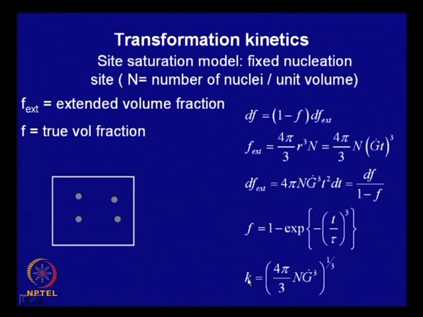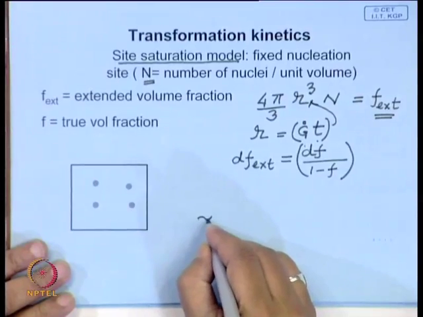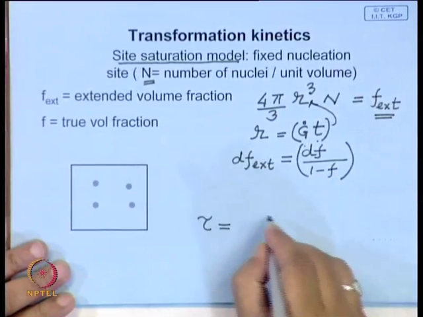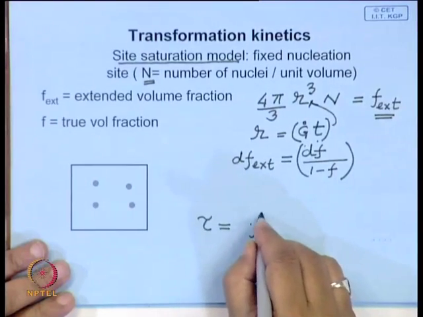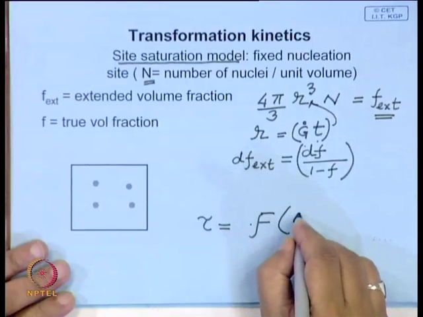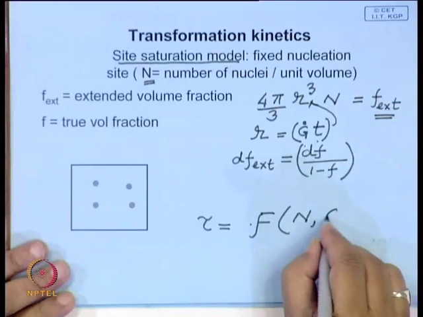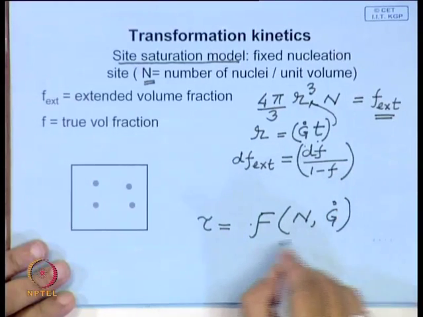So, this should be tau, I believe. So, this you can find out what will be the tau. Can you express tau, it is not k, as a function of nucleation site and growth rate.